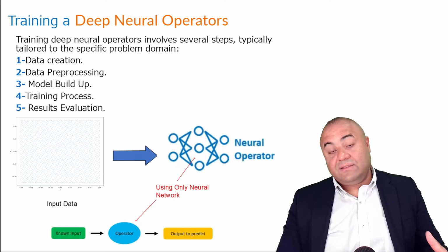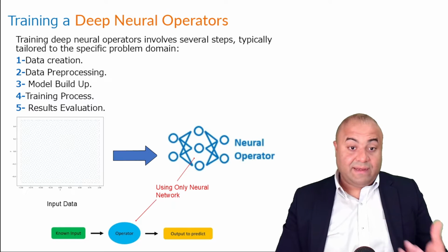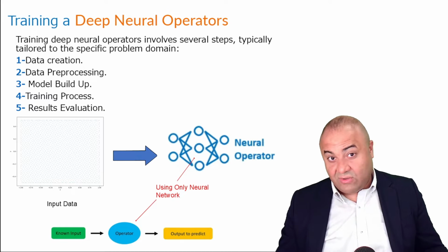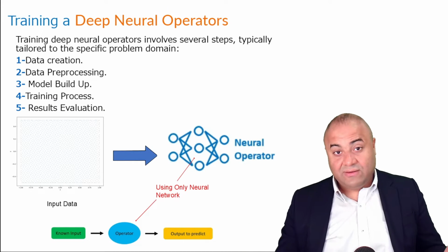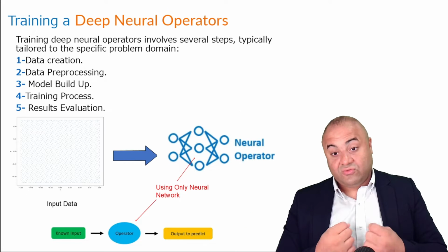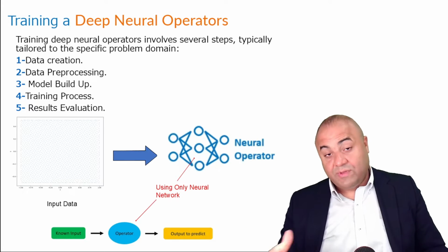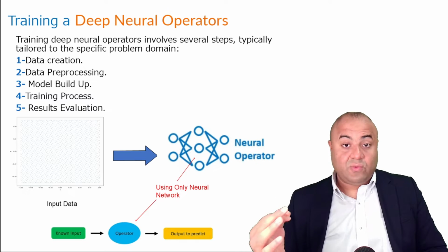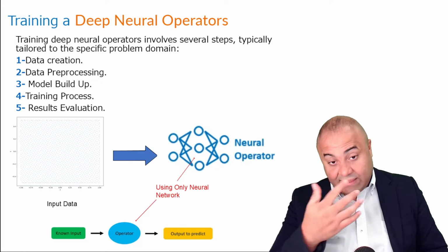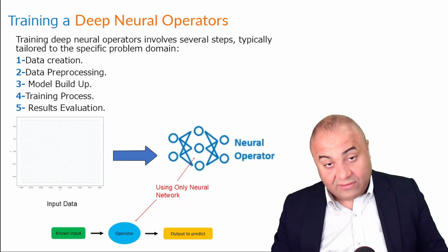So after that, you will train the model. Training the model is like training any network. Reduce the loss as much as possible. You have training data, you have loss data, you have testing data, and you try to reduce these losses. You optimize your network to work well on the training and test the values on the testing set. And with that, you have finished training the network.